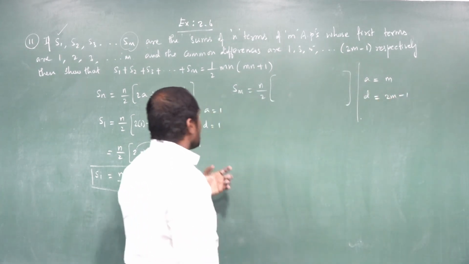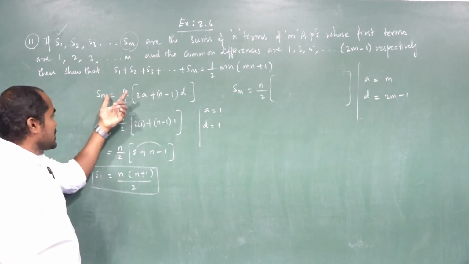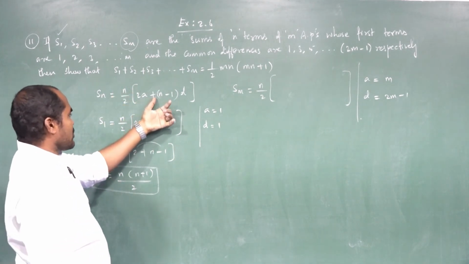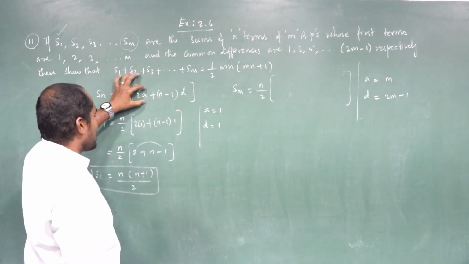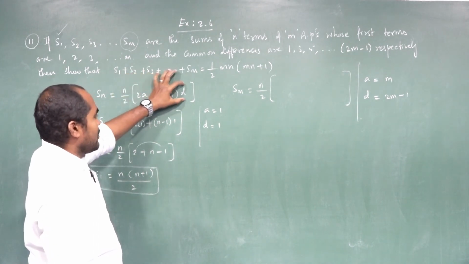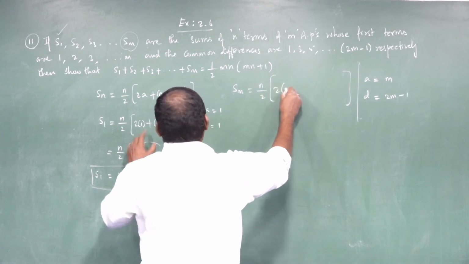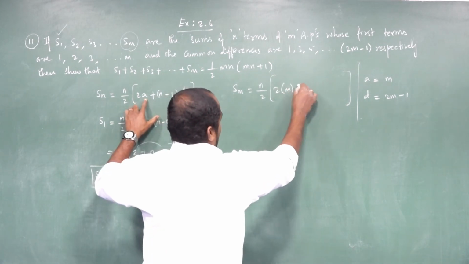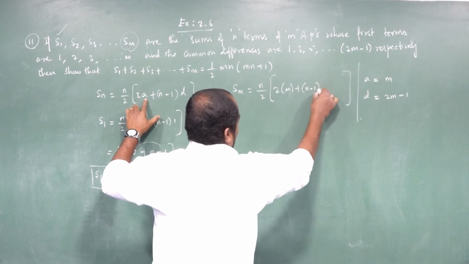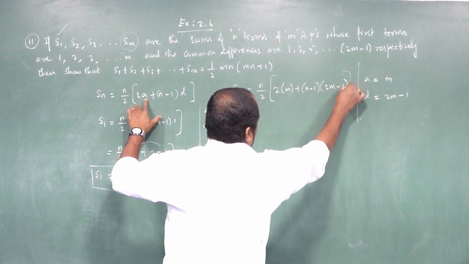So use the same formula, Sn is equal to n by 2 of 2a plus n minus 1 into d. Instead of a write m, and d value is 2m minus 1 here.